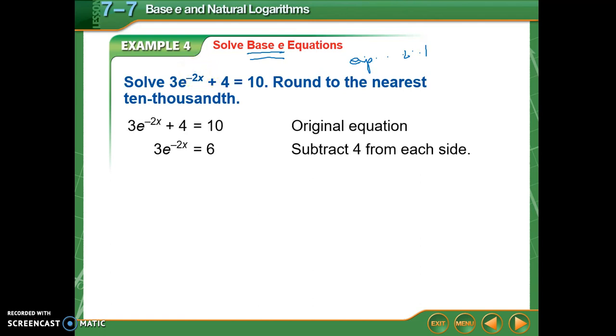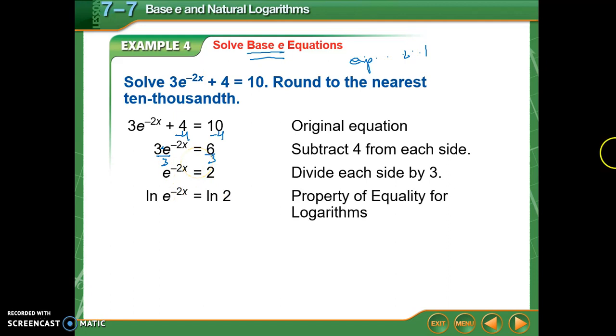So we're going to start by subtracting 4 from each side. So that's where we get the 6. Then I'm going to divide both sides by 3, because this 3 is not attached to this negative 2x exponent, right? It's just multiplied by the e. So we divide by 3 to get the e with the negative 2x exponent by itself.